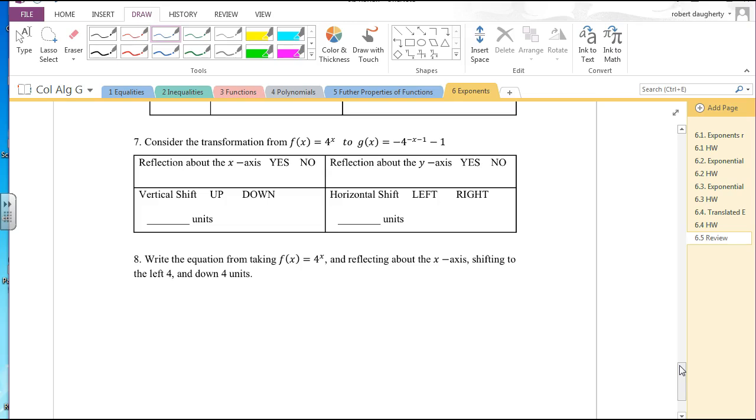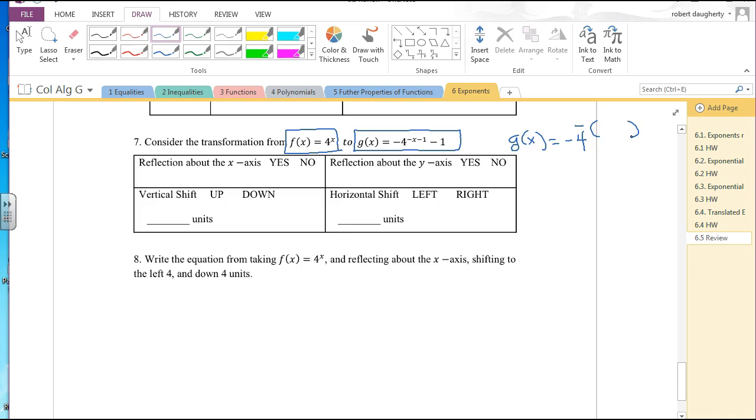Now let's look at an example of a transformation of a graph. Consider the transformation from f of x equals 4 to the x, that's this first graph right here, to g of x equals negative 4 to the negative x minus 1, minus 1. Now, the best way to do this is to write g of x equals negative 4, and I want to factor a negative 1 out of that exponent.